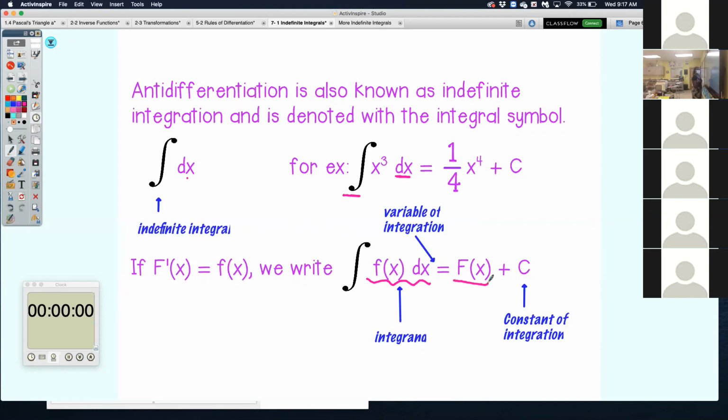Sometimes it can be represented with the capital F if the function on the inside is represented as f of x, but a majority of the time it will be written as f prime of x, and then you're finding the antiderivative of that, which would then just be f of x plus c. This is just another way to represent the original function.